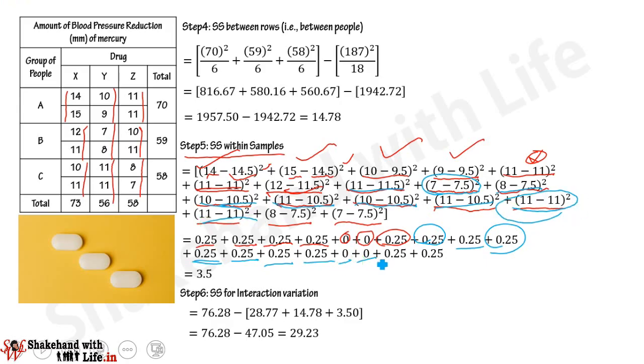From this we get 0, and again 0. From 8 minus 7.5 squared we get 0.25, and 7 minus 7.5 squared we get 0.25.